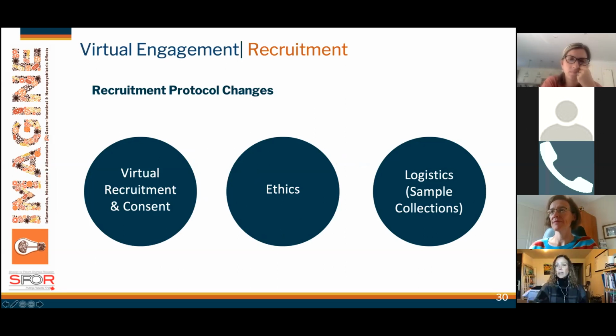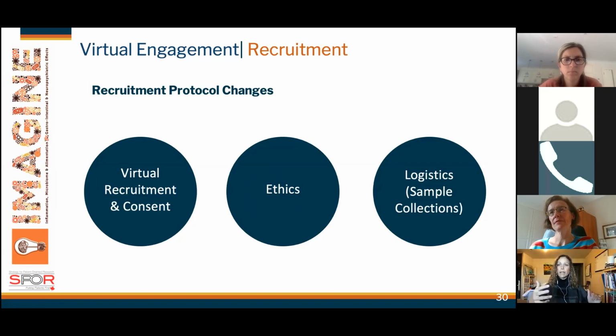And then on the topic of ethical considerations, it's a little bit different when you're engaging with patient research partners because they're part of the team. But we still want to maintain an ethical relationship with people, considering we're meeting online and maybe they have people in the background listening in on conversations, and so many different things to consider.